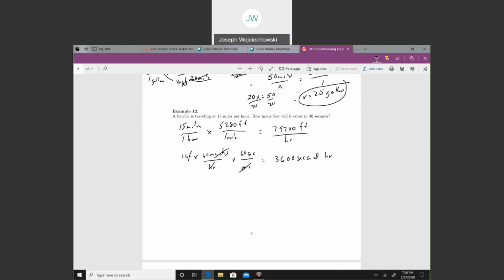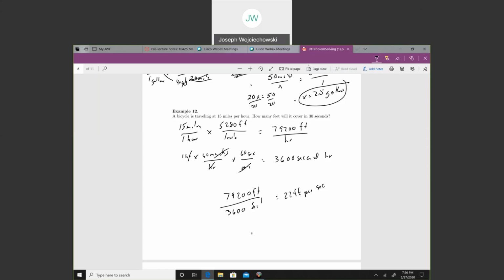So our basic setup here then is 79,200 feet and 3,600 seconds. That's feet per second. Do that division real quick, and this is 22 feet per second.